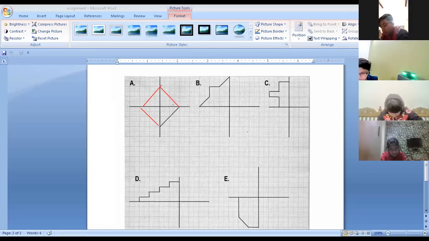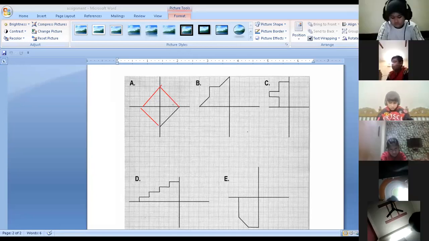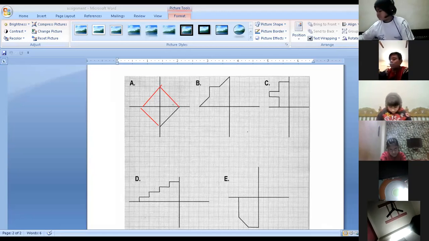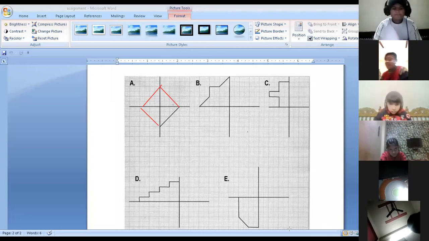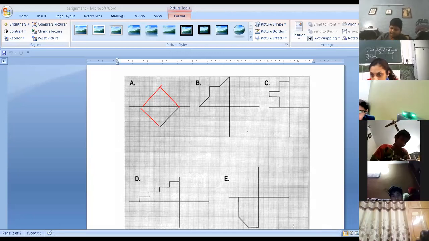Show me your work where you have done on the graph sheet. Who has done? Show me your sheet.